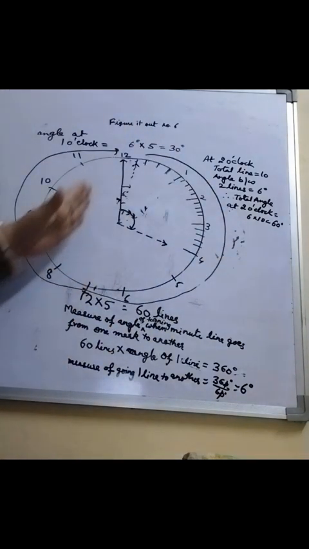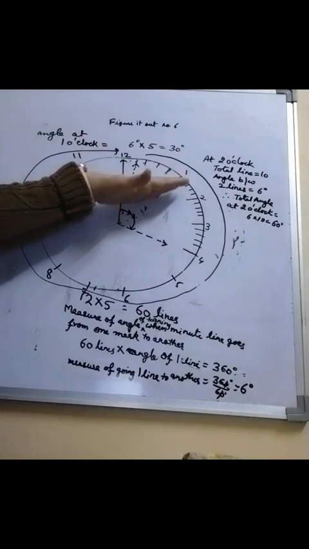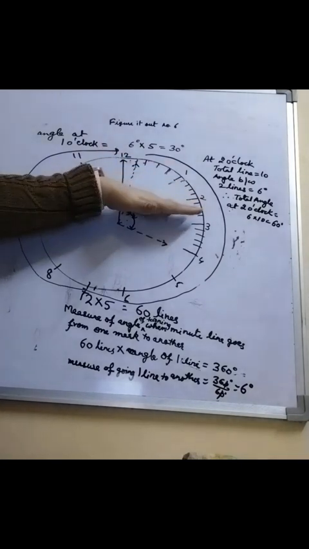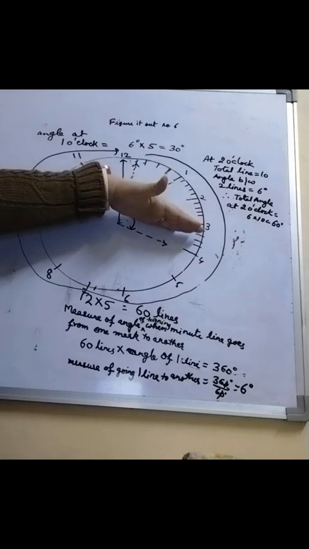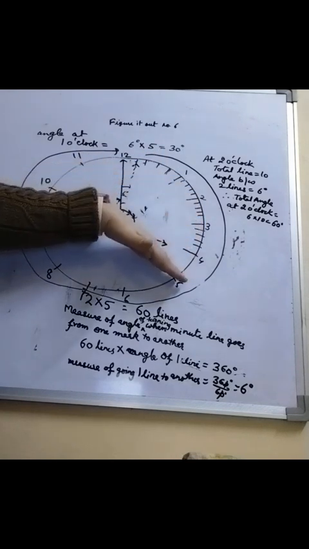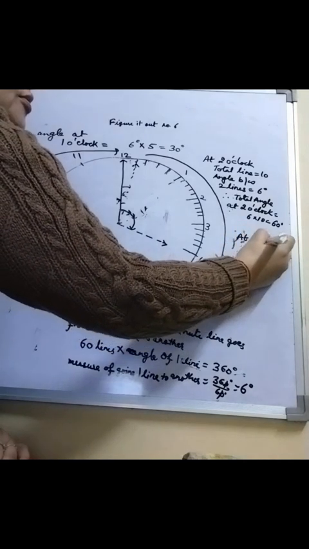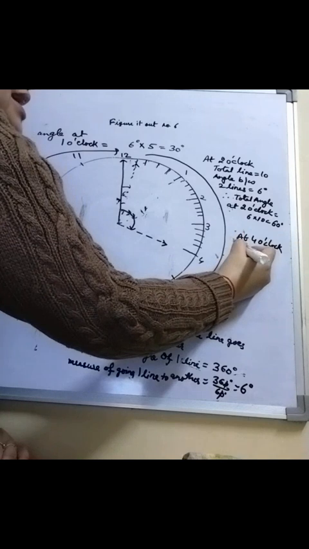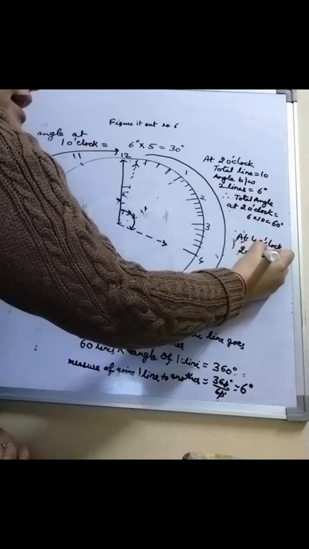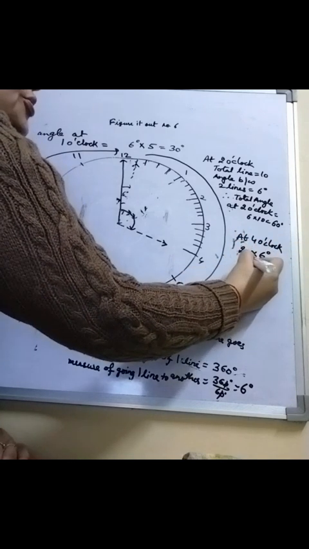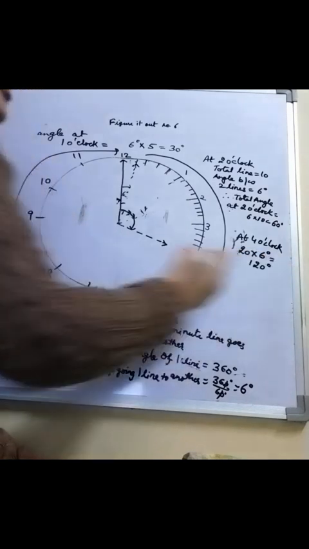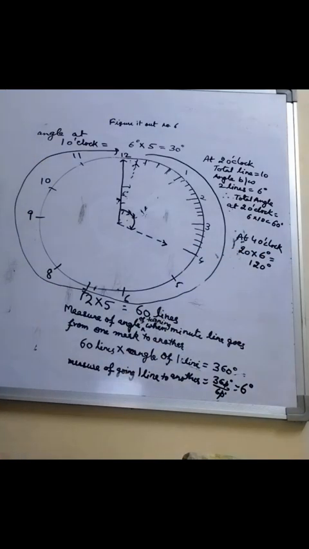There is 5, 10, 15 and 20. So at 4 o'clock, total lines are 20. The angle between lines is 6 degrees. Multiply 20 with the degrees between two lines and you get 120 degrees.